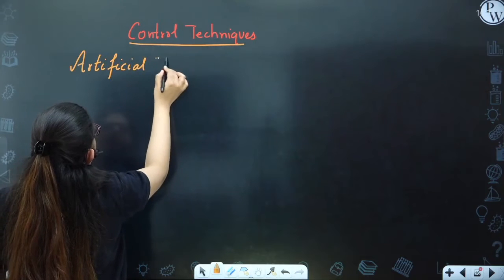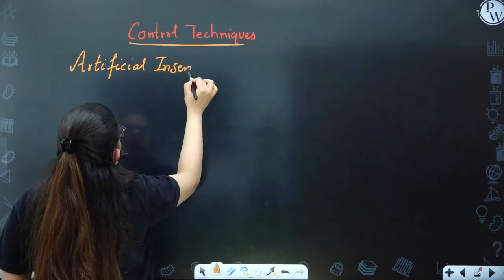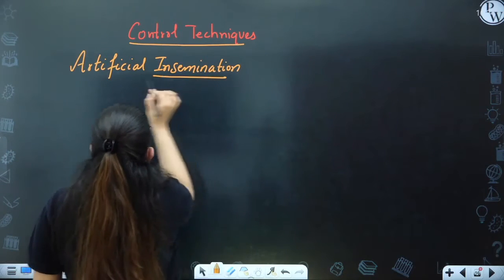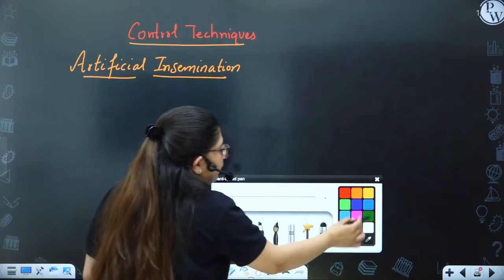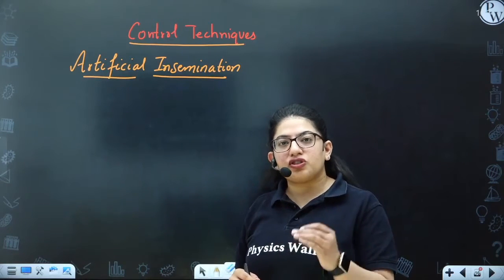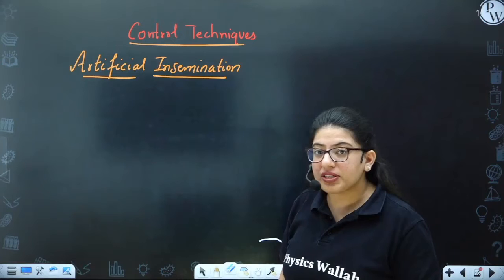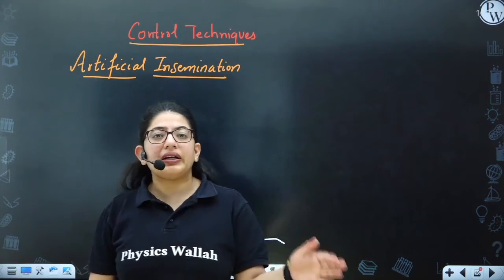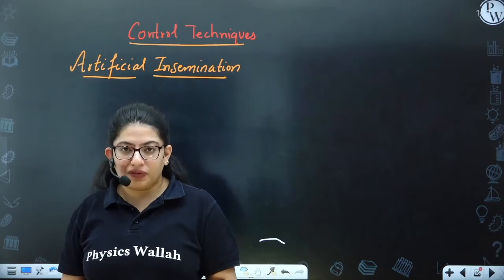So what is artificial insemination? In artificial insemination, we deposit the semen. The semen is collected from the male, that is the bull, and then it is deposited artificially in the female's reproductive tract. Usually during mating, the male deposits the semen into the female, right?